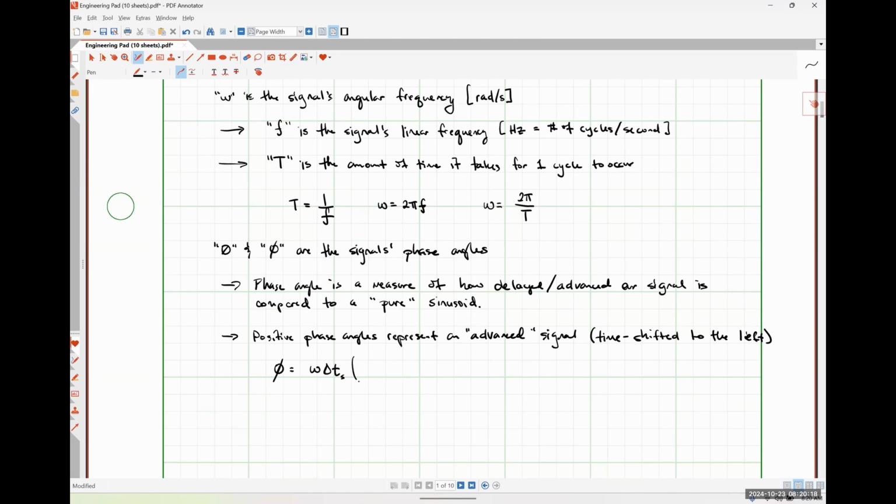I would personally choose to put it in degrees, multiplying by 180 degrees per pi radians. That's our conversion factor to give us this particular angle in degrees.